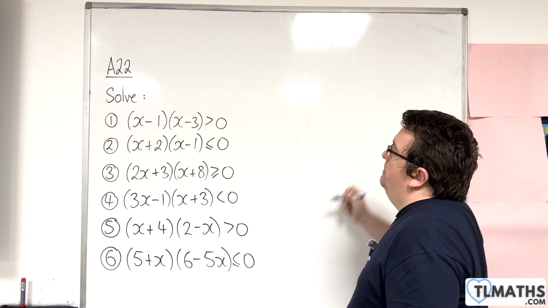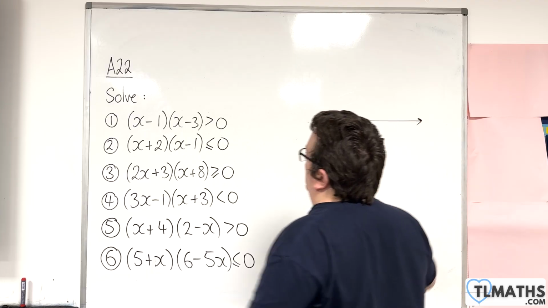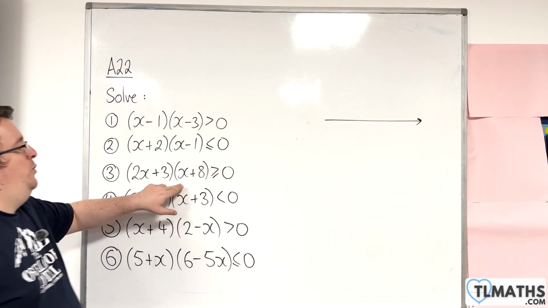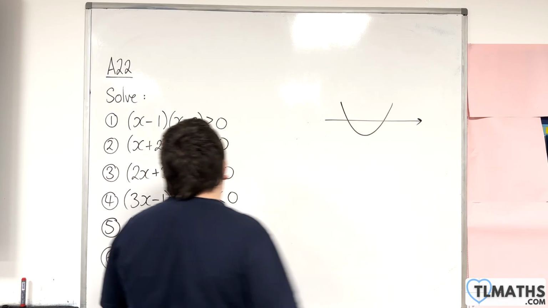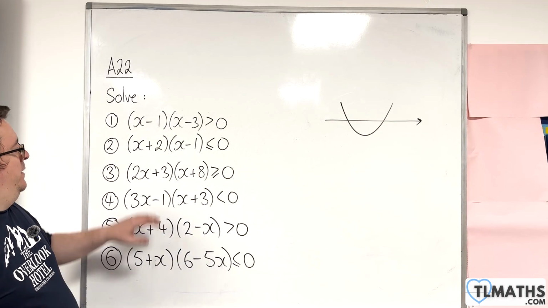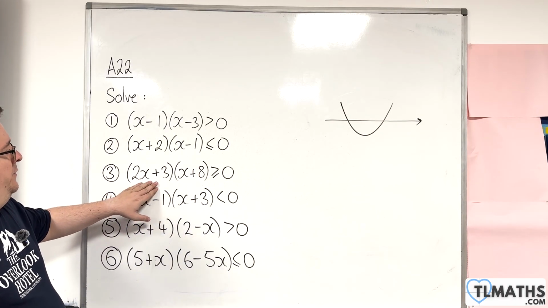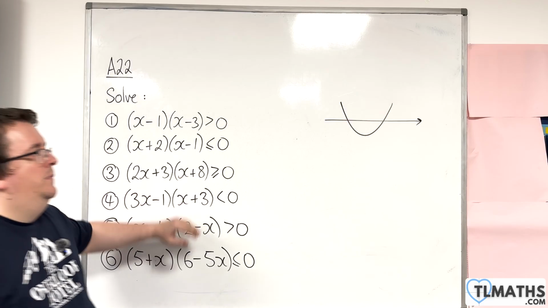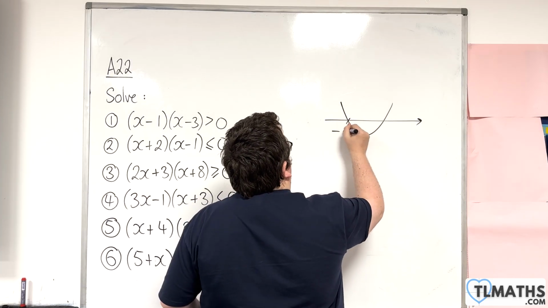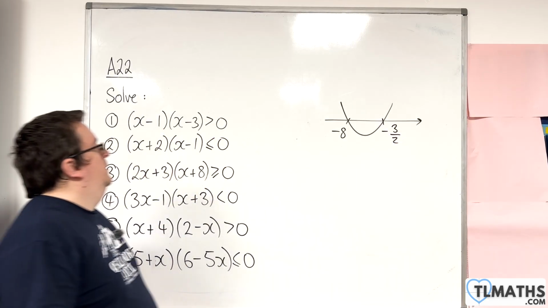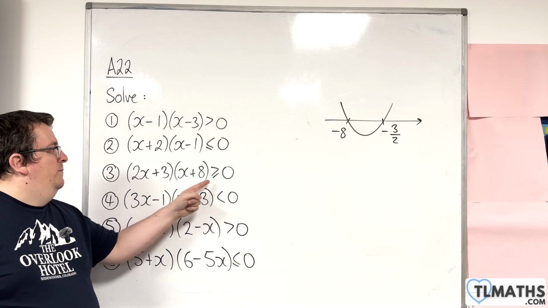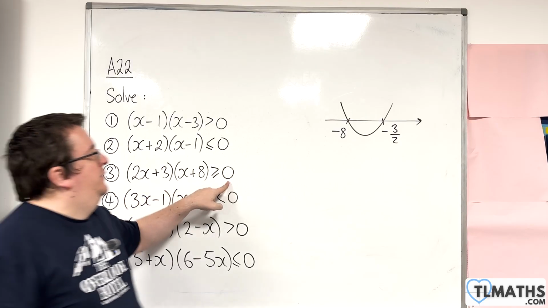So number 3, if I multiply this out, I'd have 2x squared, so that's a positive parabola. And that would be going through minus 3 halves, minus 8. So minus 8 there, and minus 3 halves there. Where is the parabola above the x-axis?